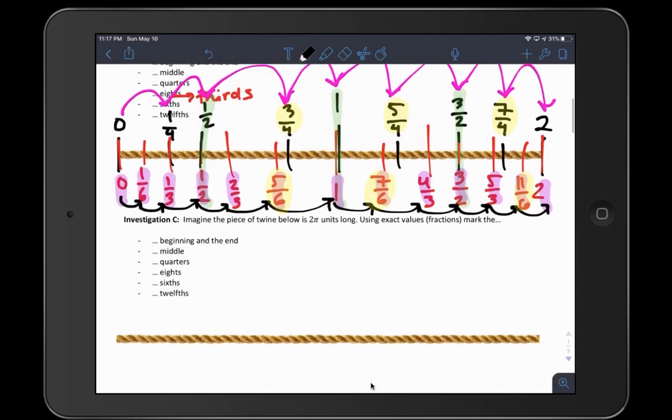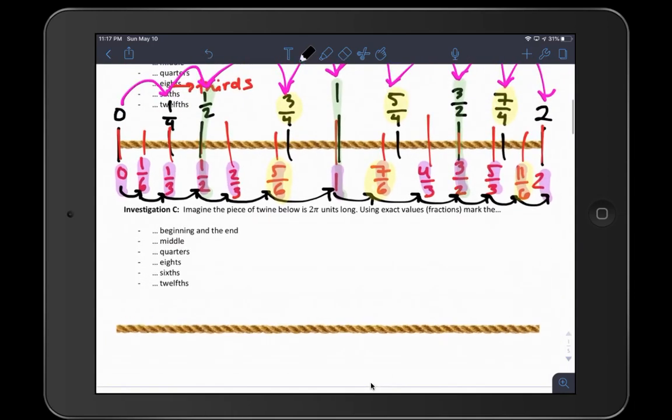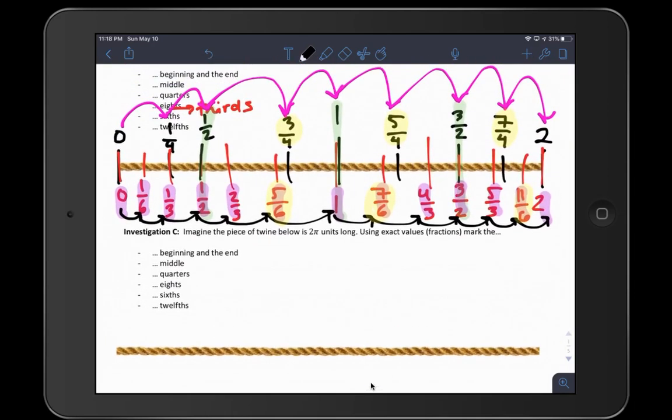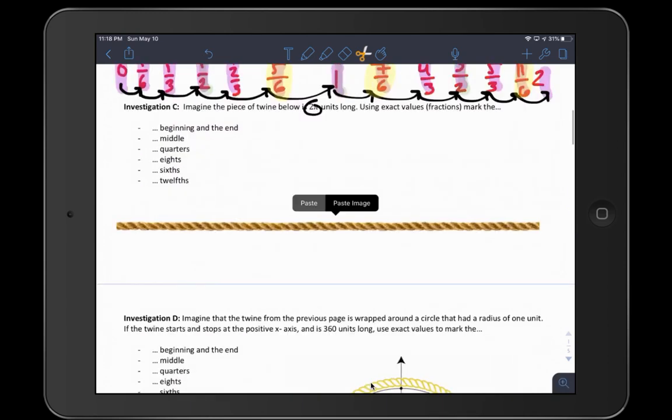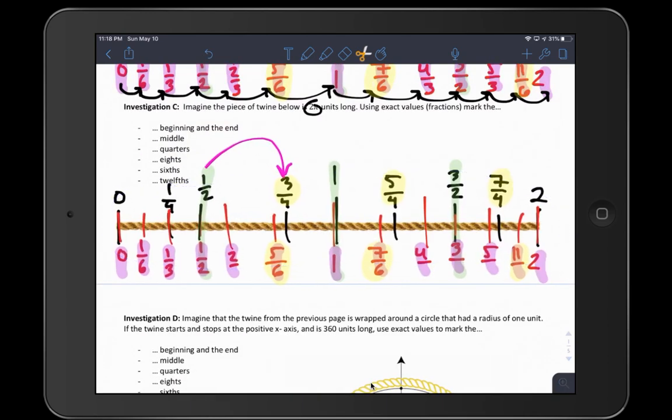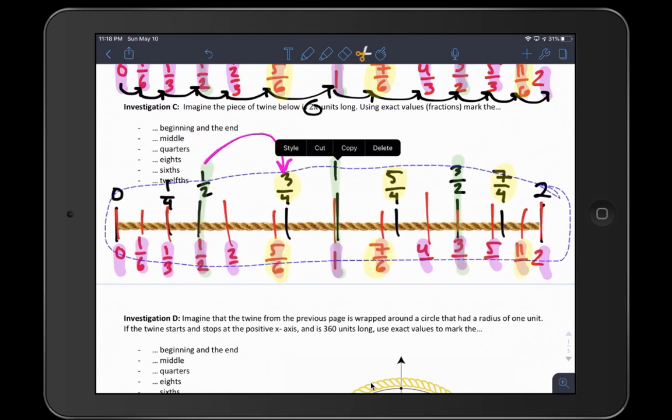So what I'd like you to do for this next one is essentially we're going to do the exact same thing we just did, but we're going to instead add in the pi, okay? So I'm going to cheat a little bit here, and I'm going to take this whole thing, copy it. I'm going to paste it. Took a little bit extra there with that arrow, so I'll erase that.